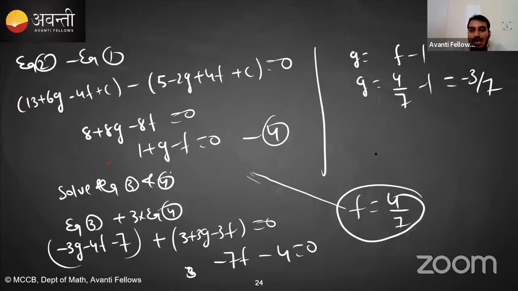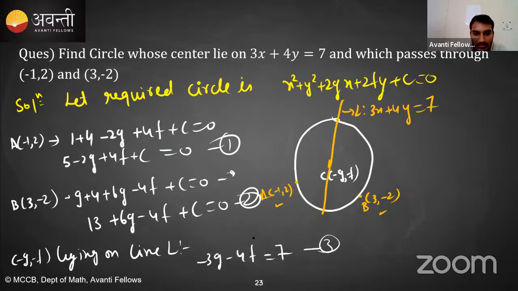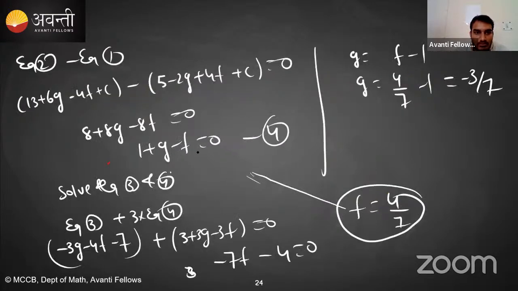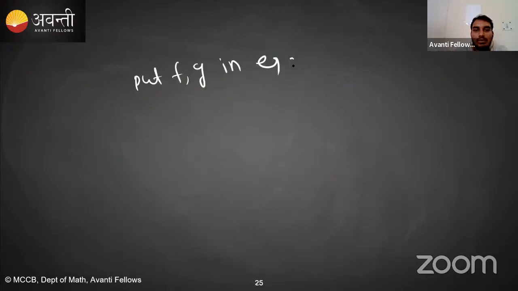So put f and g in any of equations 1, 2, 3 to get c, right? Which equation is easier? Equation 1. Put them in equation 1 to get c, right?